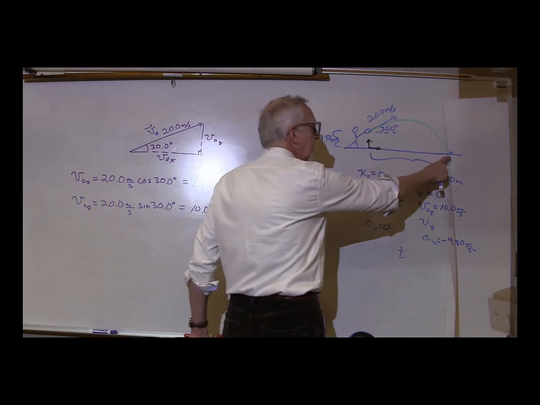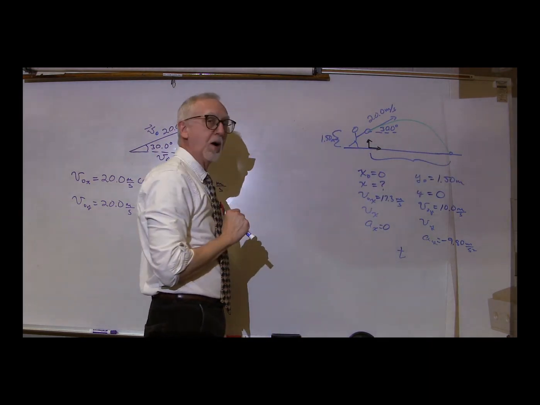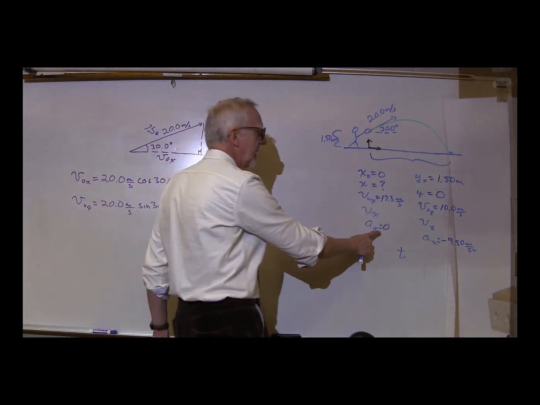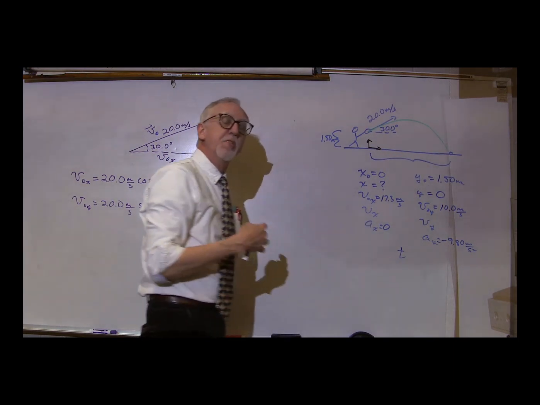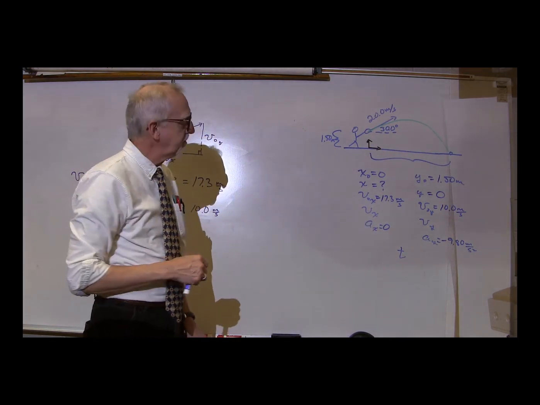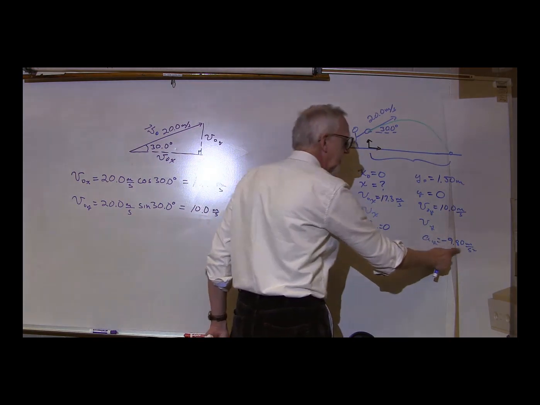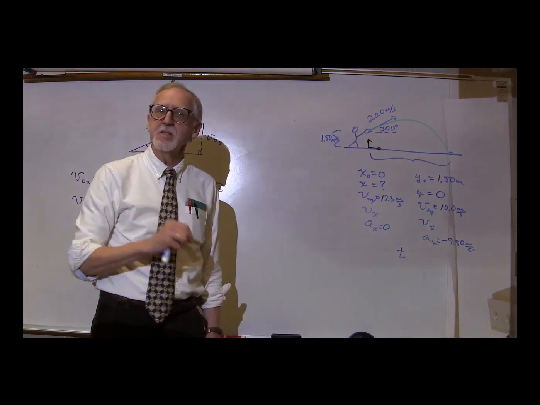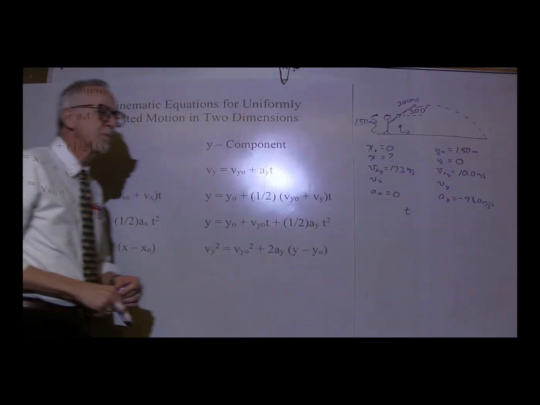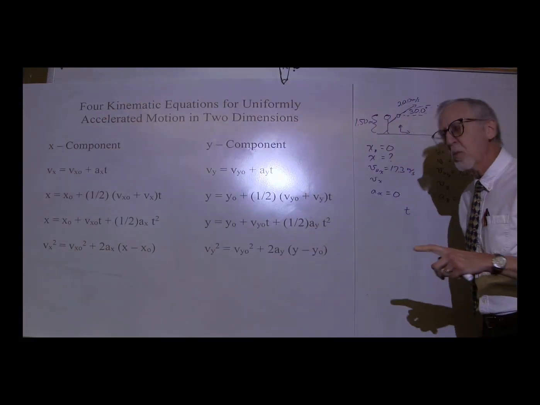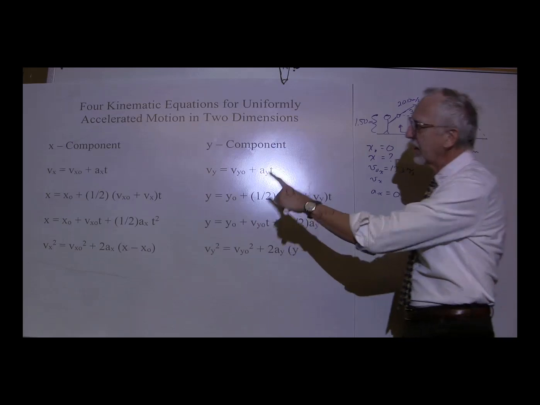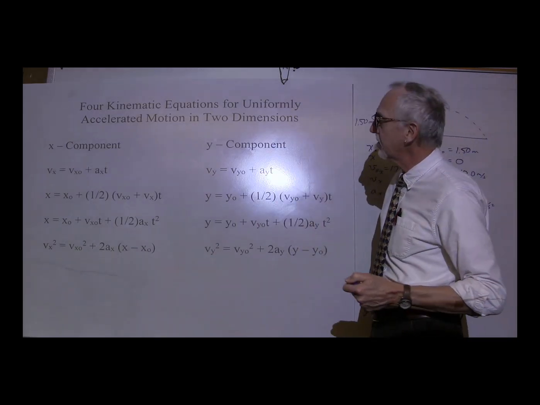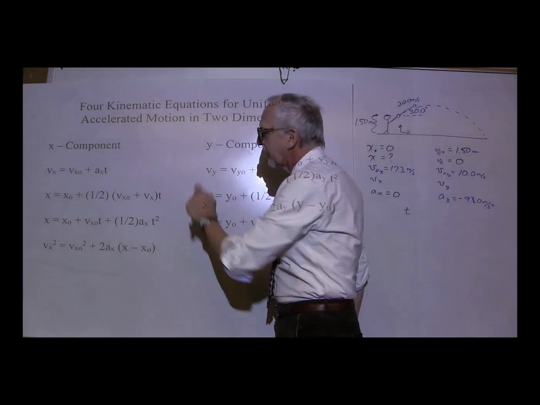Do we know the final velocities, vx, vy? No. But again, we know ax, there's no horizontal acceleration, and ay, again, negative 9.80 meters per second squared. Great. Let's get the equations and see if we can solve this. So what we want is x, and looking at the x equations, there is no x in the first equation.